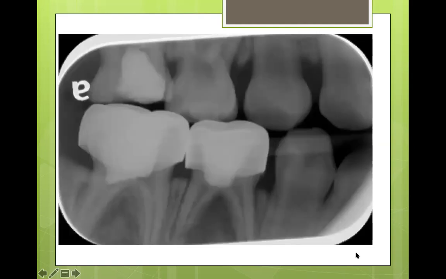Alrighty, so here is a radiograph, and I want you to pay attention to the lower right first primary molar. It has had a pulpotomy, but at the periapical region, you can see a little bit right here, if you can see where my mouse is pointing, there is radiolucency right here.